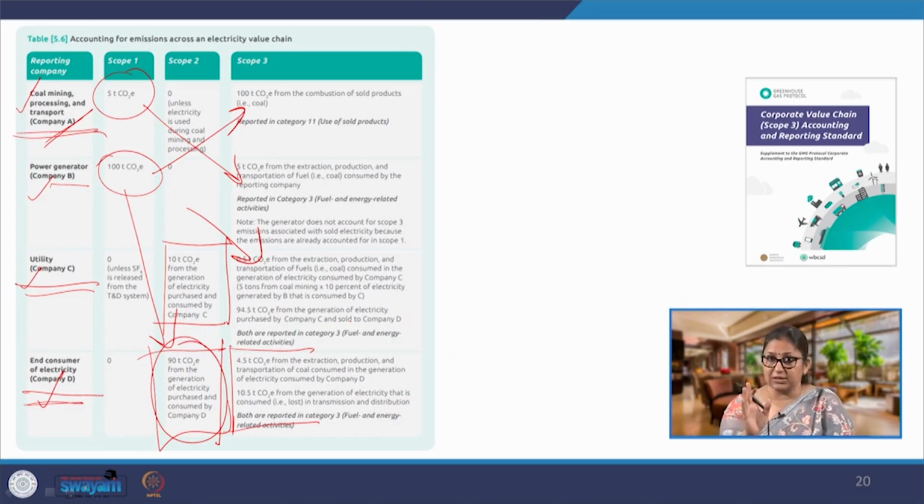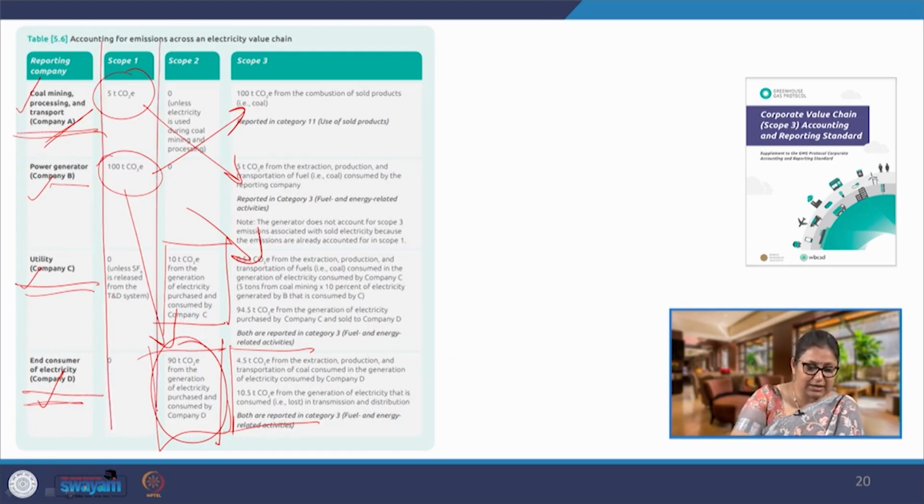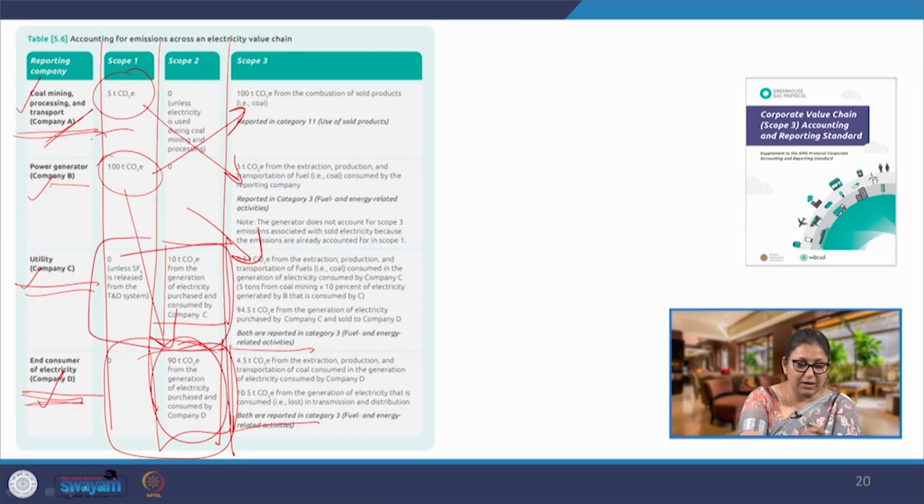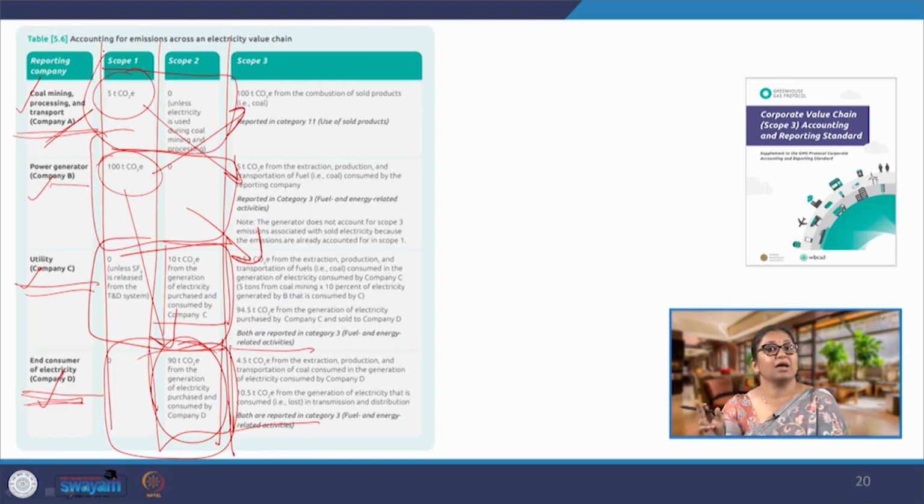However, if you look at it in totality, if everybody looks at their scope 1 and 2, we will be able to account for all the emissions that are happening in the entire value chain. Somebody somewhere will be looking at accounting for these emissions. If the end user looks only at scope 1 and 2, if the utility company looks at only scope 1 and 2 and so on, we will still be accounting for 100% of emissions in the entire value chain.